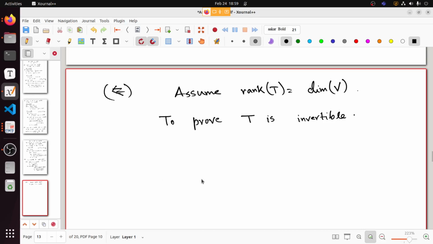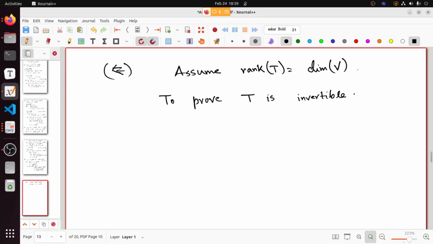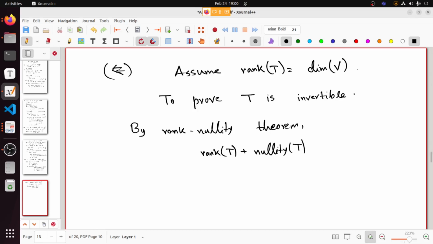Now again use the rank nullity theorem. So what is given? The rank of T is the dimension of B. By the rank nullity theorem, what is it? The rank of T plus the nullity of T is the dimension of B, right?